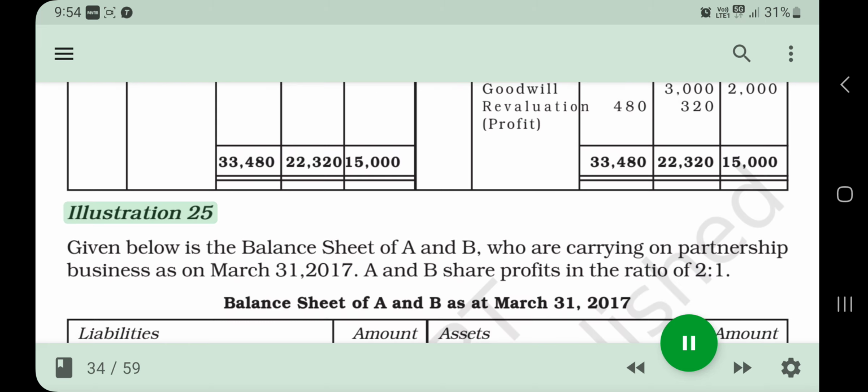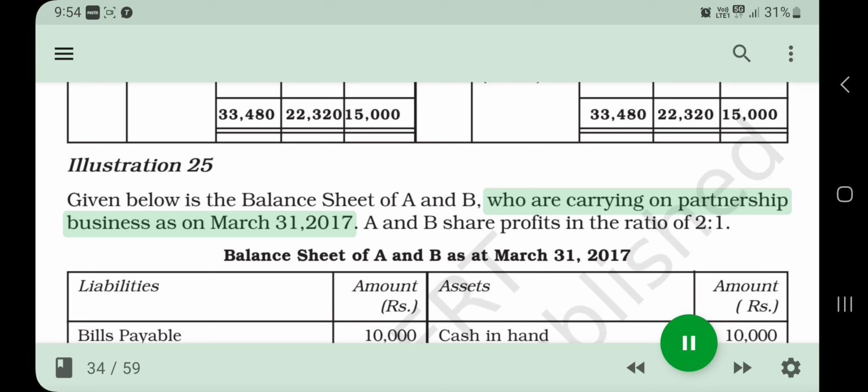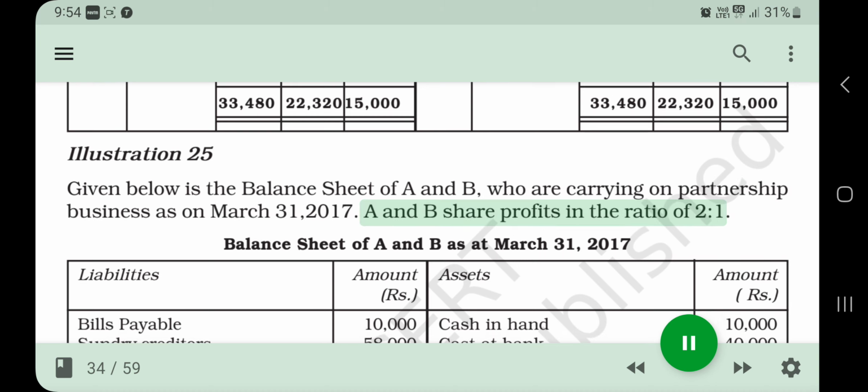Illustration 25. Given below is the balance sheet of A and B, who are carrying on partnership business, as on March 31, 2017. A and B share profits in the ratio of 2:1.